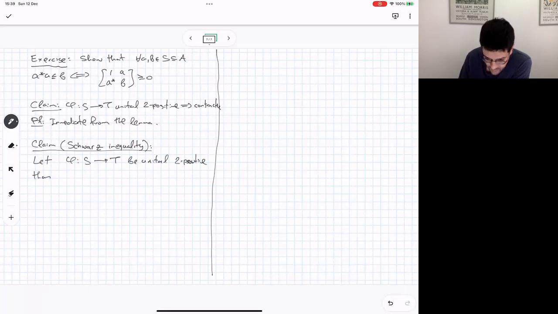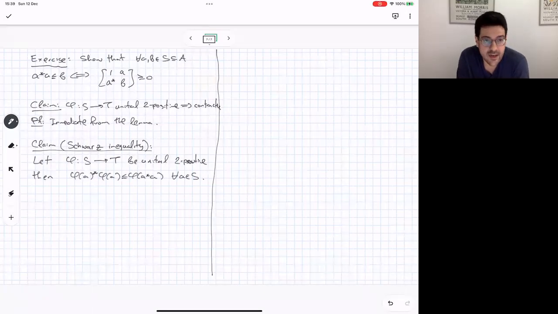Then phi of A star phi of A is less than or equal to phi of A star A for every A in S. Again, the multiplications here are done in C star algebras. So S sits inside A and T sits inside B, and the products are done in A and B.